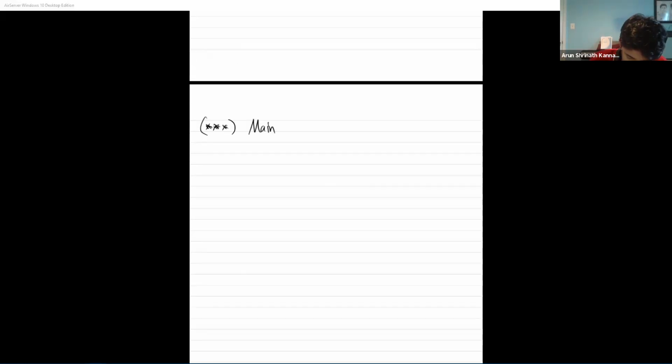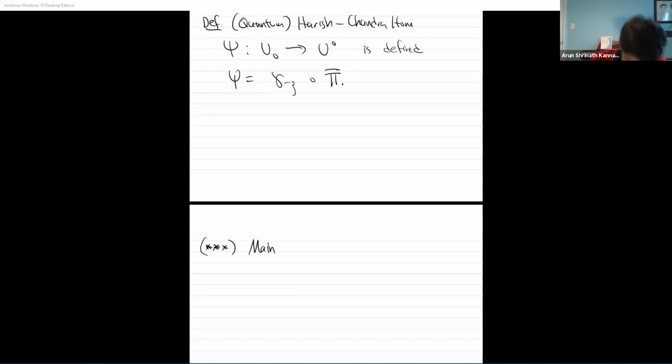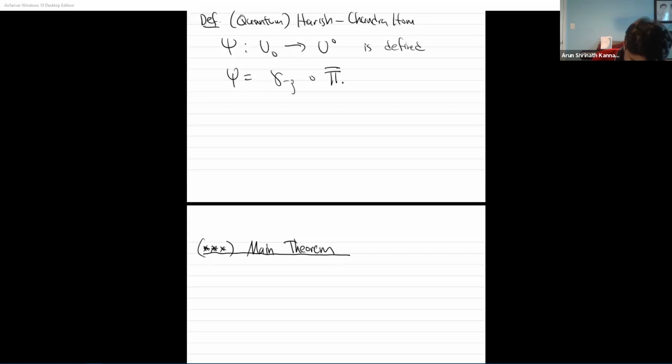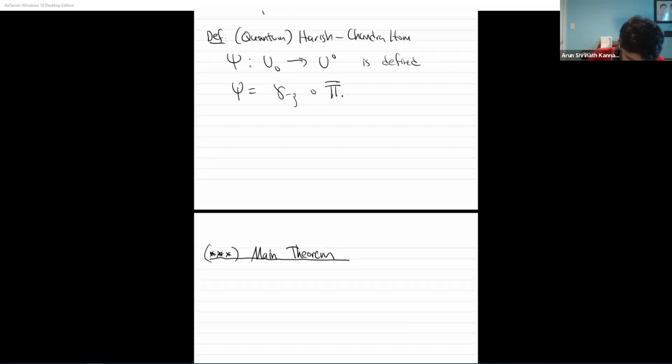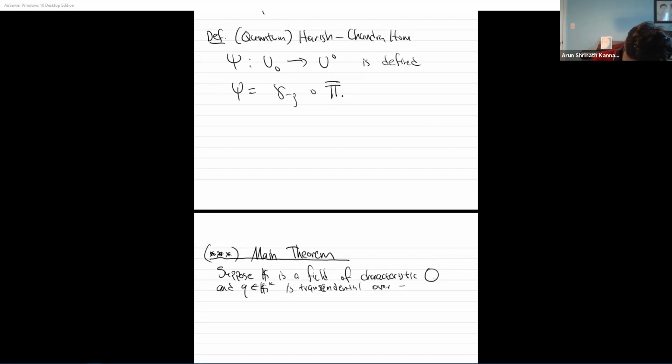Let me leave that on the screen. Okay, so I'll restate our assumptions. Suppose K is a field of characteristic 0, and Q is transcendental over the prime subfield.